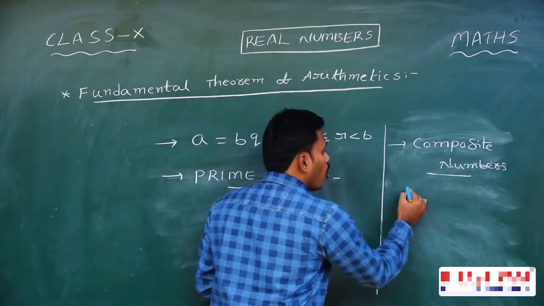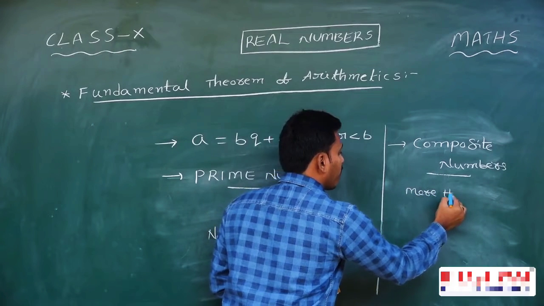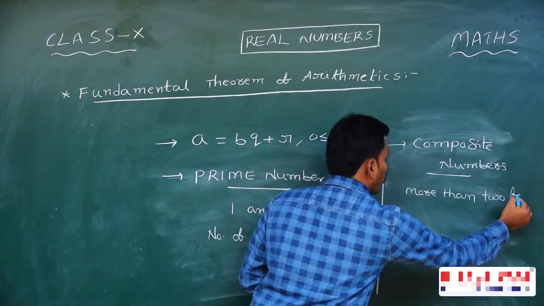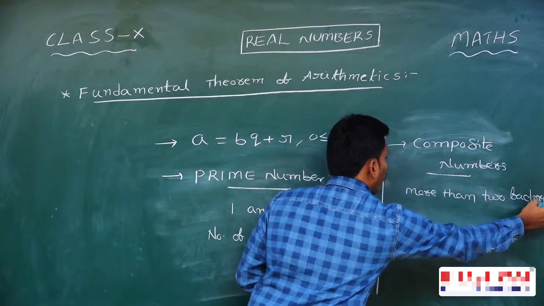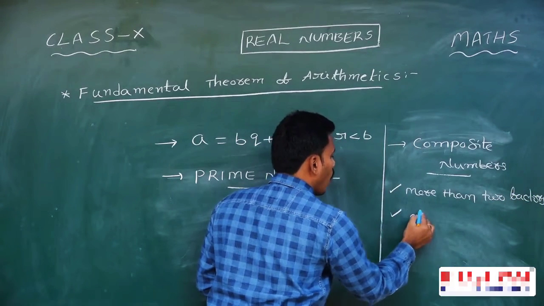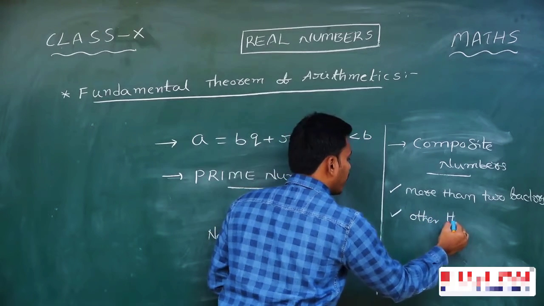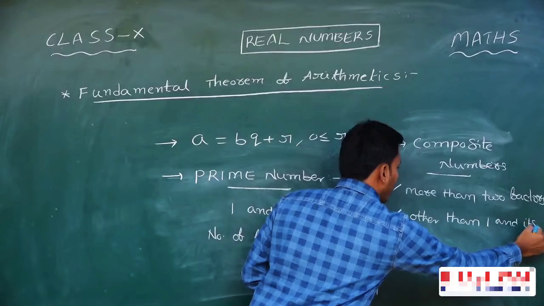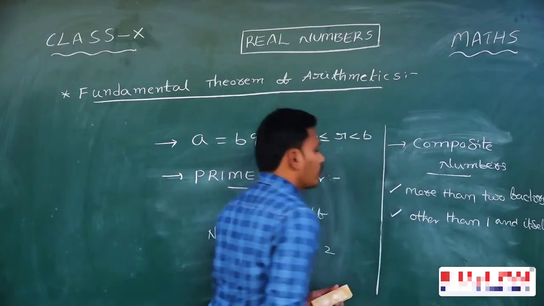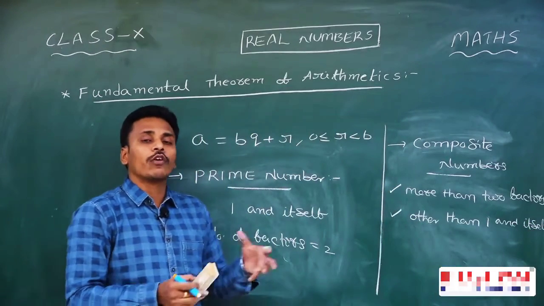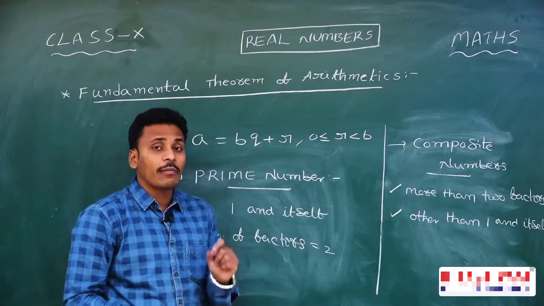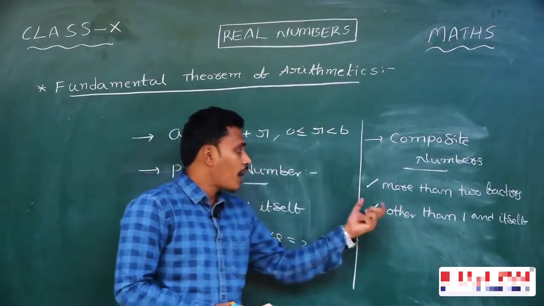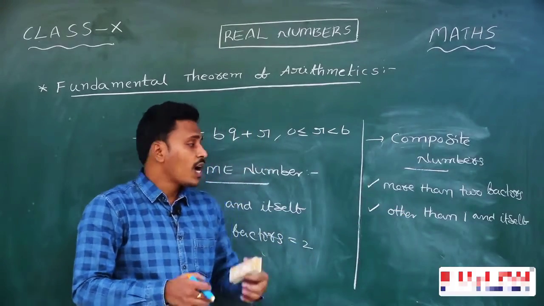What are the general statements related to composite numbers? Composite numbers have more than 2 factors other than 1 and itself. I think you learnt all these things in your previous classes, but I am recalling them here. So, a prime number has only 2 factors, and a composite number has more than 2 factors other than 1 and itself.